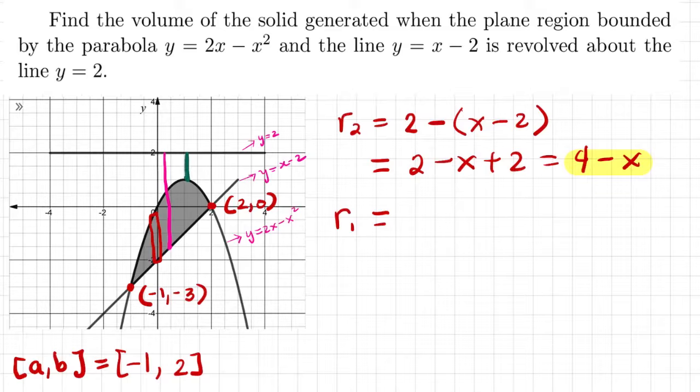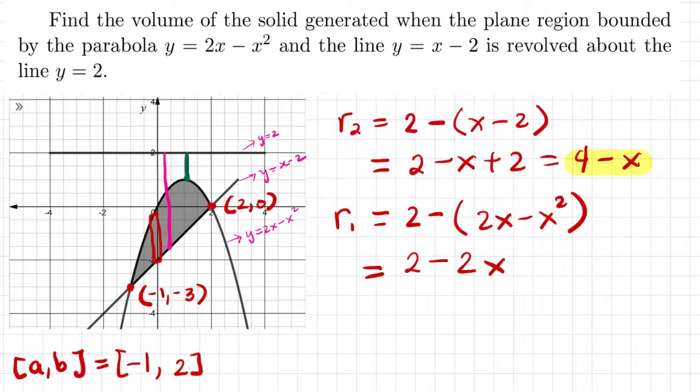So here, the upper curve is y equal to 2, and the lower curve is the parabola y equal to 2x minus x squared. So R1 is equal to 2 minus the quantity 2x minus x squared, or this is equal to 2 minus 2x plus x squared. Thus, this is now the equation for R1.